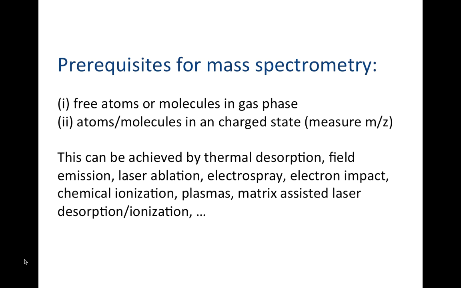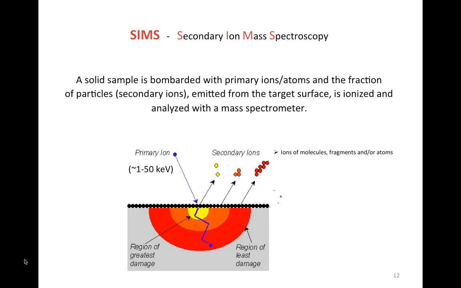The ways to achieve this are thermal desorption, field emission, laser ablation, electrospray, electron impact, chemical ionization, plasmas, matrix-assisted laser desorption ionization, and so on. So then we go here, secondary ion mass spectroscopy.